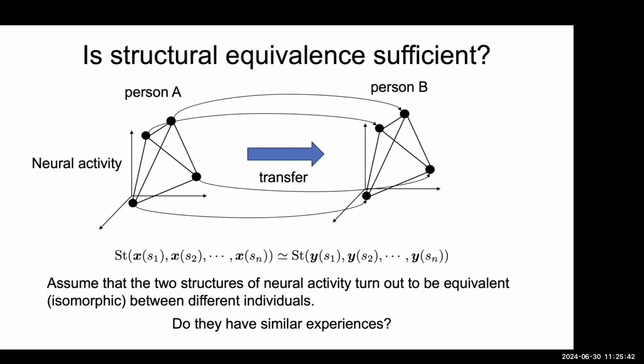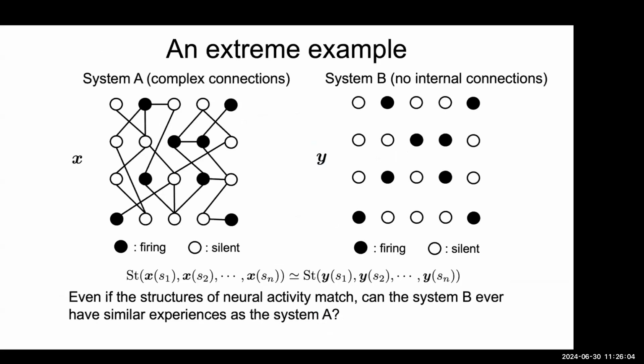But the important question is this: is structural equivalence sufficient? Assume that two structures of neural activity turn out to be equivalent, or isomorphic, between different individuals. Do they have a similar experience? No. So this is an extreme example. Let's consider system A, which has really complex connections among the units in the system, and system B, where there are no internal connections between the units.